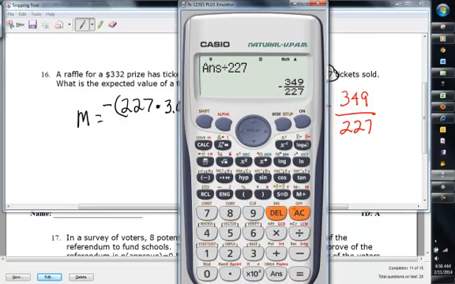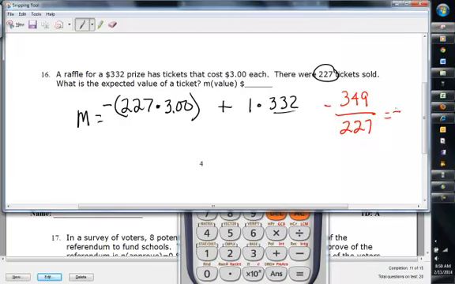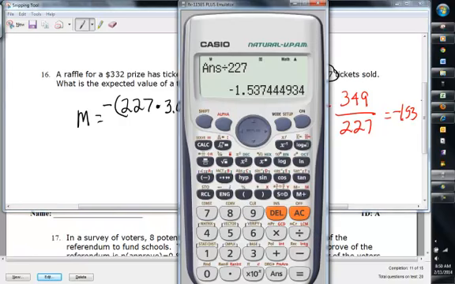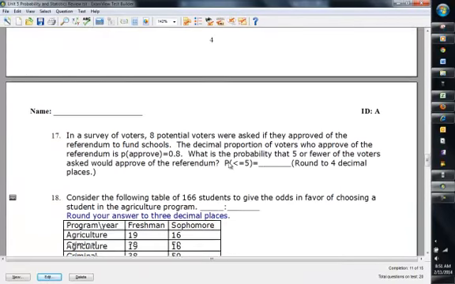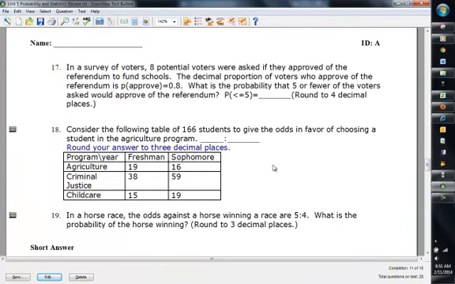The average person is going to lose $1.53. I think it's $1.53, $1.54. So in other words, whoever's putting on the raffle is going to gain $1.54 per person. Next ones.